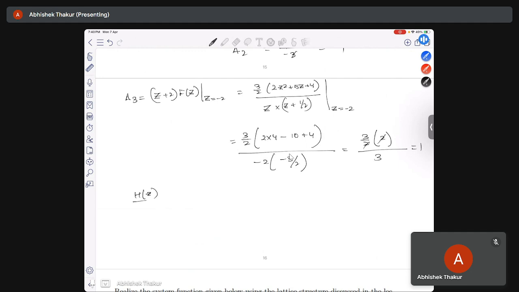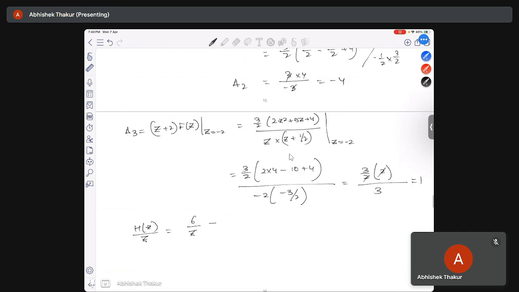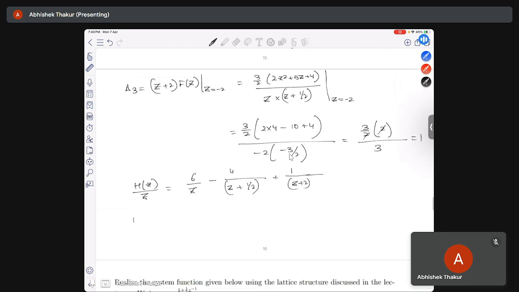So finally we got H(z)/z = 6/z minus 4/(z + 1/2) plus 1/(z + 2). So this we got. Now we will take z to that side.